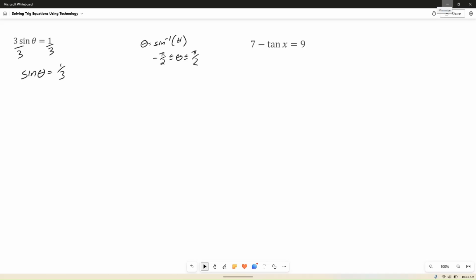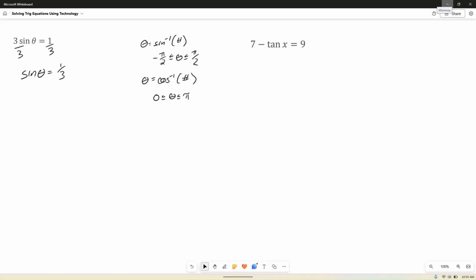Okay, if we did this with cosine, so theta would equal the inverse cosine of, again, just some number, right? For cosine, when we compute inverse cosine, the range is going to be from 0 to pi. Okay, so inverse cosine is going to produce an angle in the first and second quadrants.